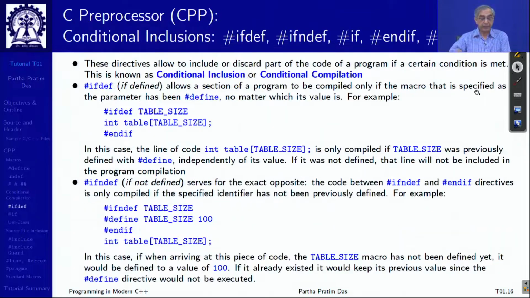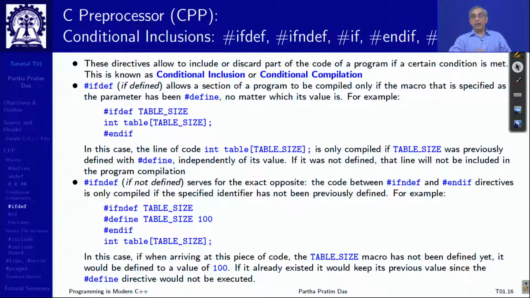Now, the second thing that the CPP does is conditional compilation or conditional inclusion. That is, depending on what has been defined, you may want certain parts of the code to be included in the compilation, and certain parts not to be included.